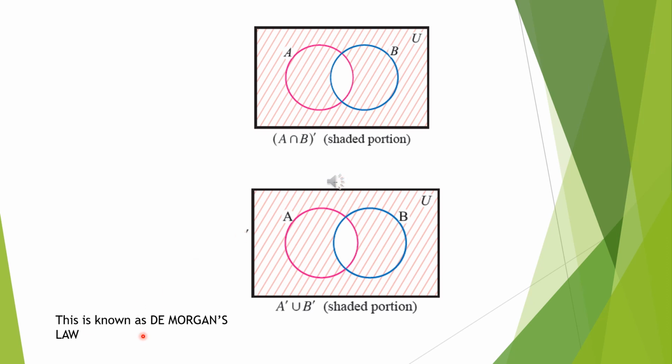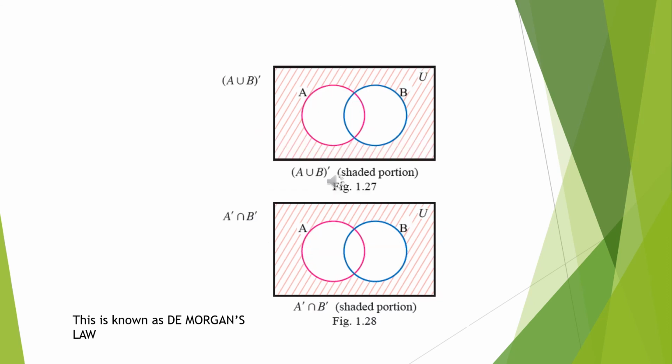Now see here, A union B complement is equal to A complement intersection B complement. This law is known as De Morgan's law. Now this is also De Morgan's law, that is A intersection B complement is equal to A complement union B complement.